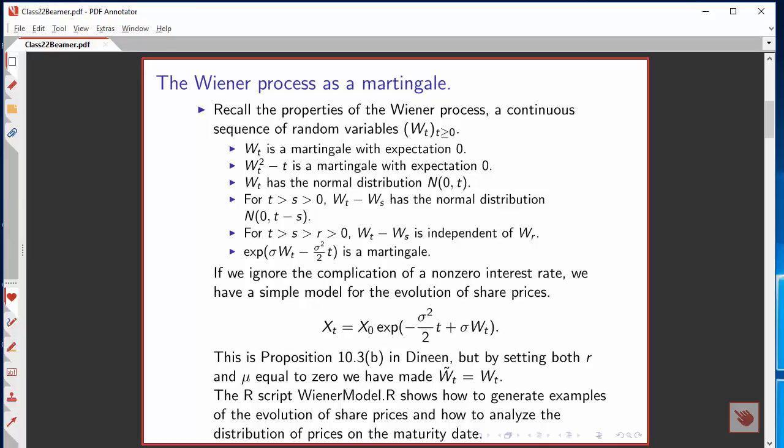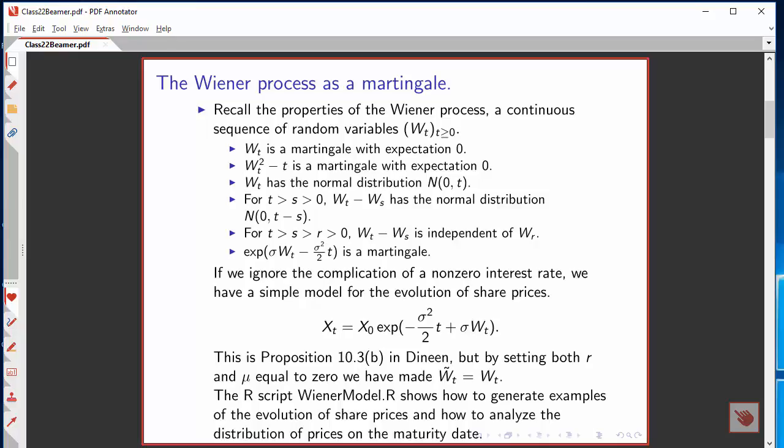Best of all, the exponential of sigma, the volatility, times W sub t minus sigma squared over 2 times t is also a martingale, and that's going to be the martingale that describes the evolution of stock prices with time. As I said, I'm ignoring the issue of interest.